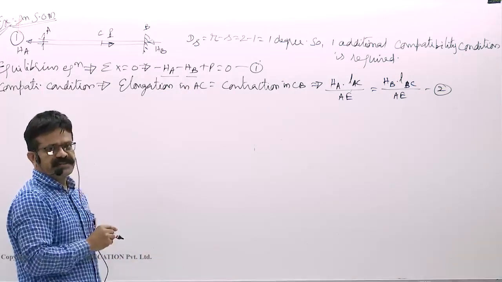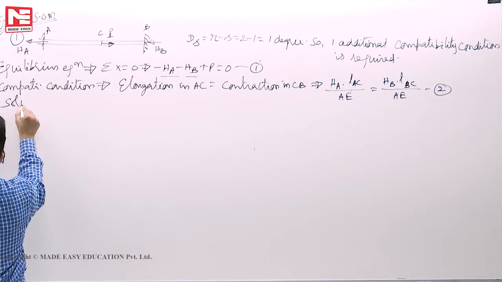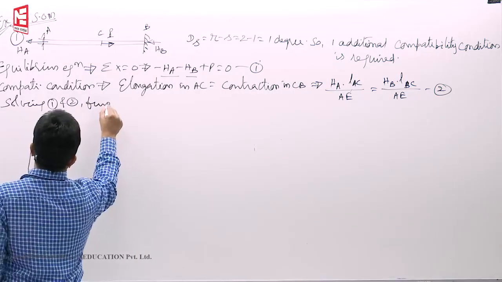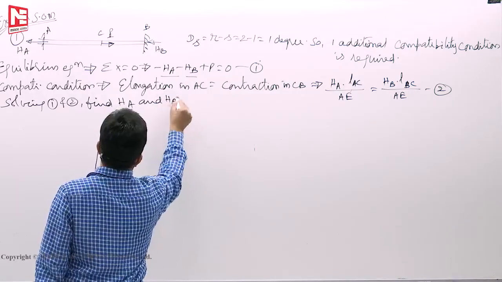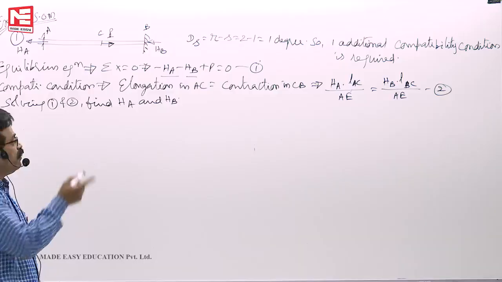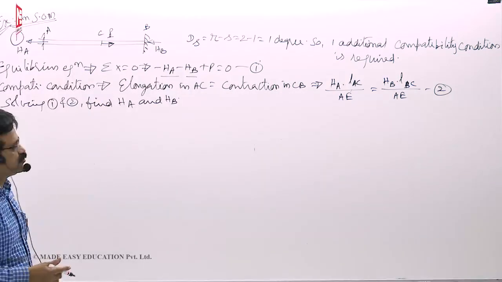In the arches, I have told you all that. Okay. Solving 1 and 2, find HA and HB. So, this is a force method or compatibility method or method of consistent deformation.